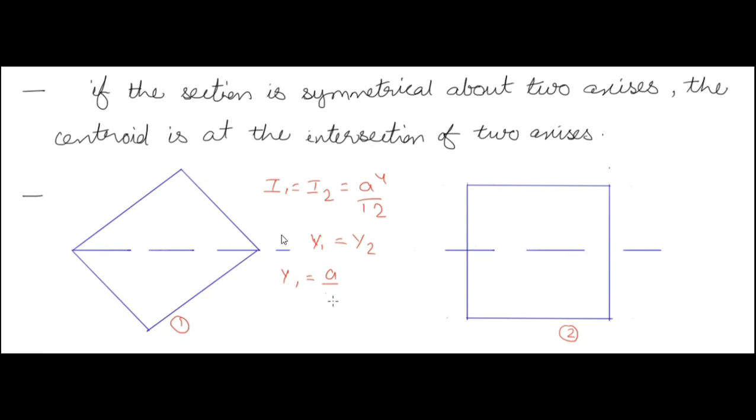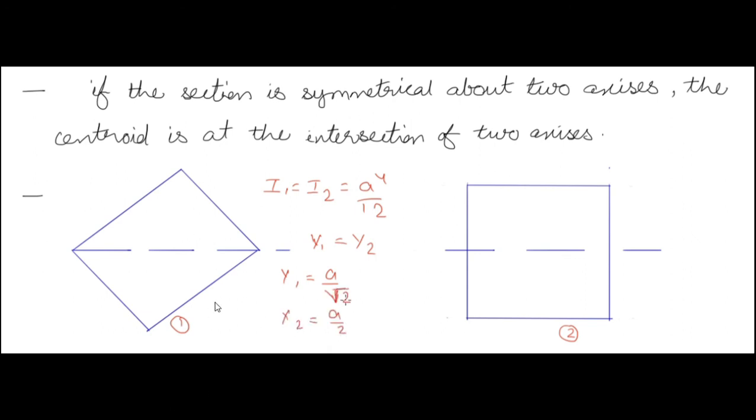So the area moment of inertia about the neutral axis of both these squares is A4 by 12, but the distance of the centroid from the most outside fiber, means the topmost layer, differs. Here y1 is the distance from the neutral axis to the farthest point of the cross section, and here y1 is equal to A by root 2, while for the second figure it's A by 2.